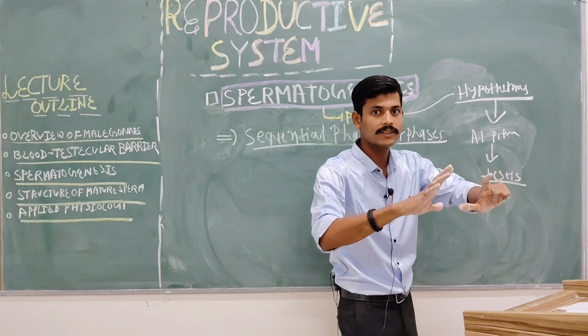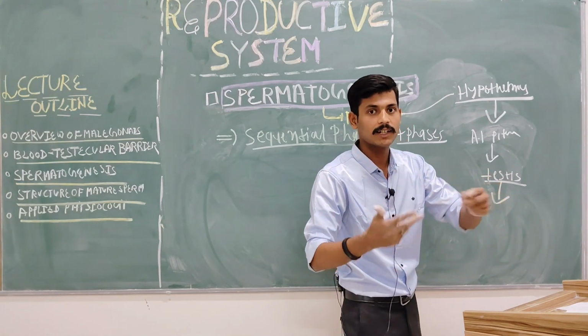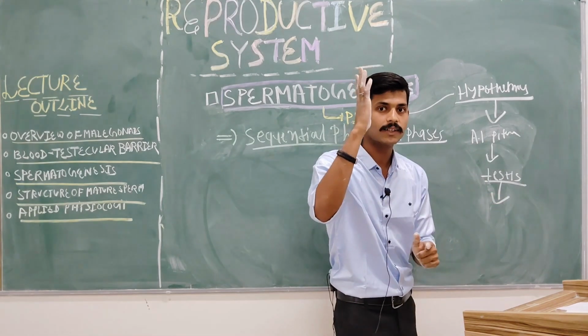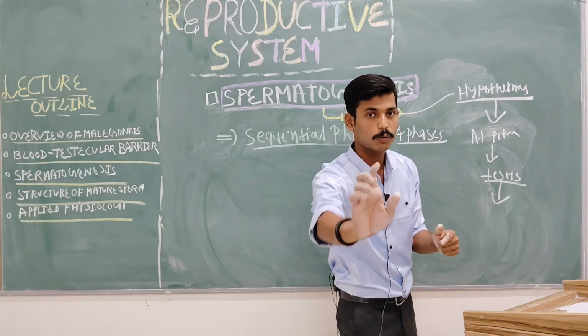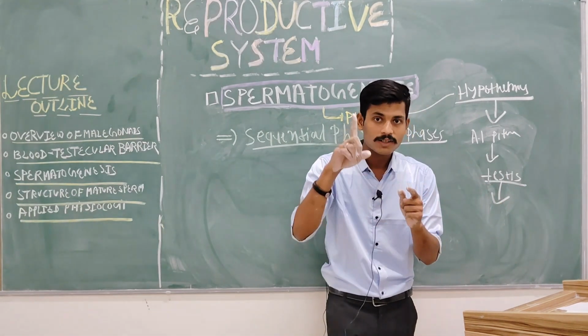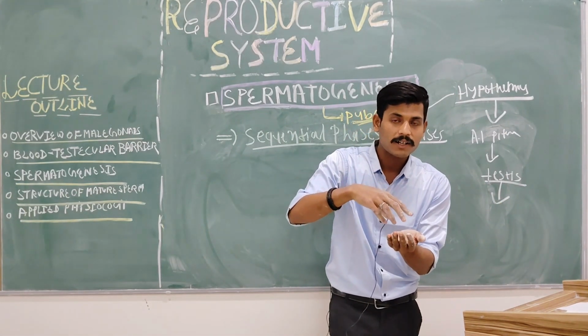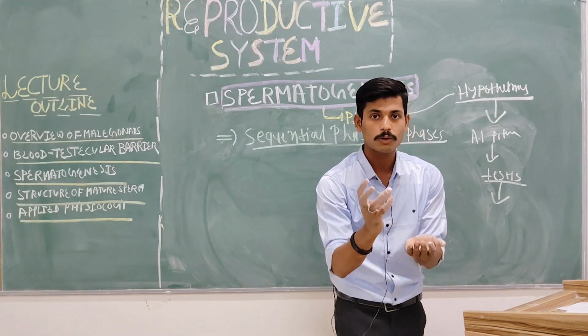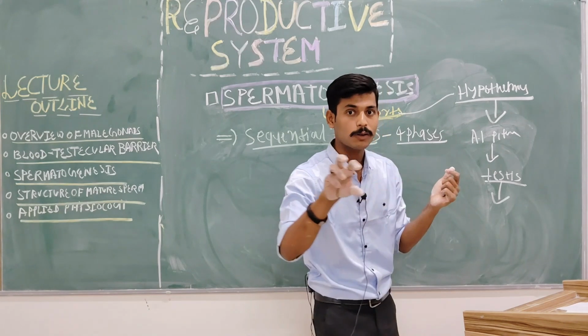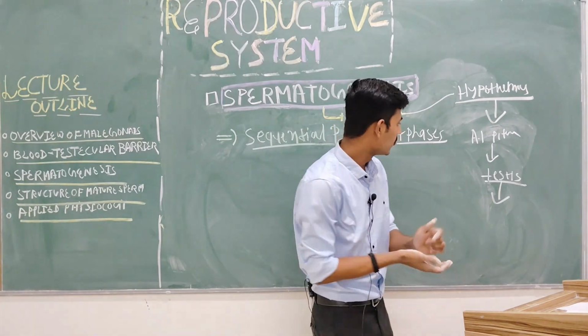Then we magnified the seminiferous tubules, and we saw there are two types of cells lining these tubules. One is a taller cell that we termed the sustentacular cell or nurse cell. Why nurse cell? Because those tall cells provide nourishment for the development of the small round, cuboidal cell, which we termed the spermatogonium.